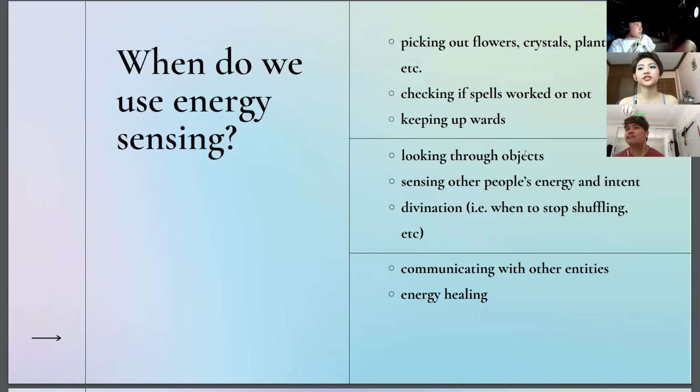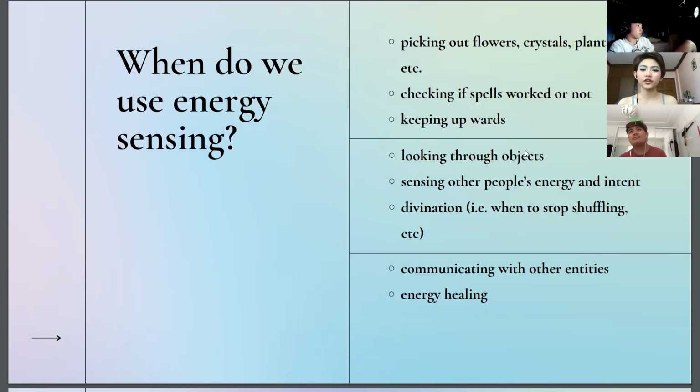Next is divination, which I have here, when to stop shuffling. When you talk to people who do divination, for example, tarot or cartomancy, they'll say that they stop shuffling when it feels right to stop shuffling. This is energy sensing. When it feels right to stop shuffling, that is sensing the energy from the cards, when the cards are telling them to stop.